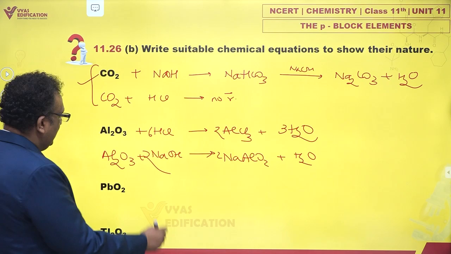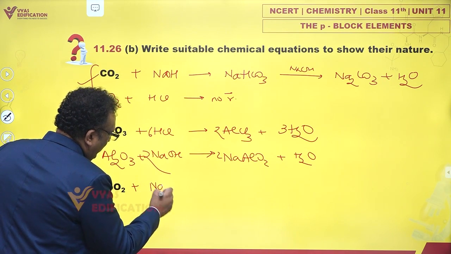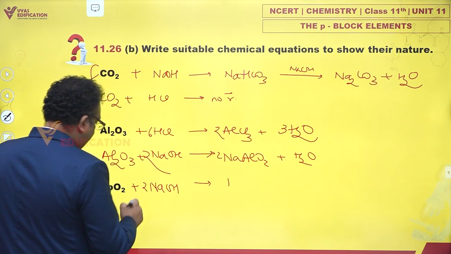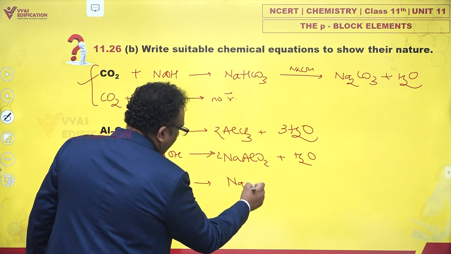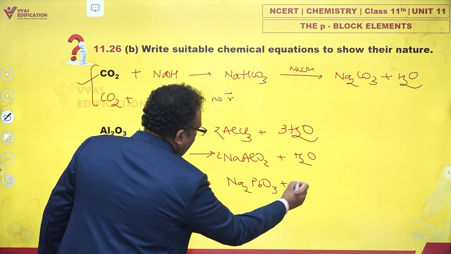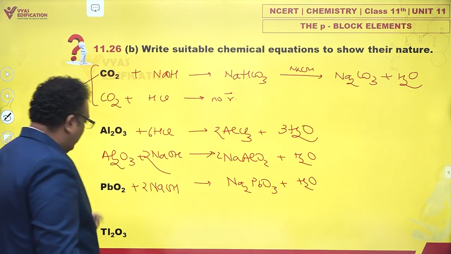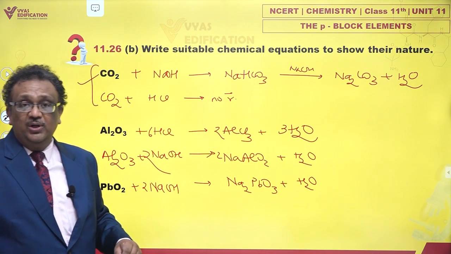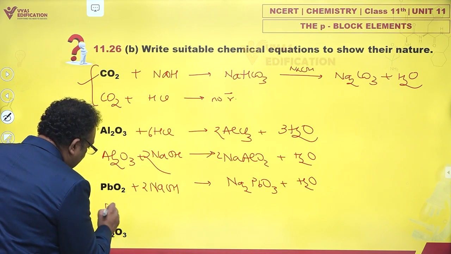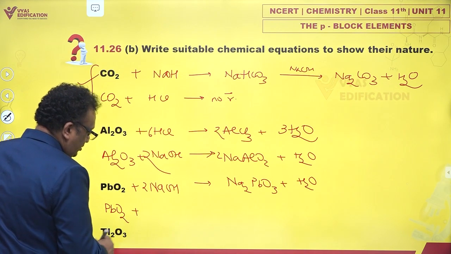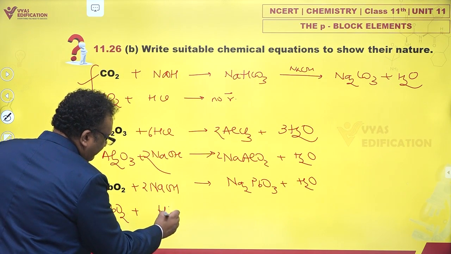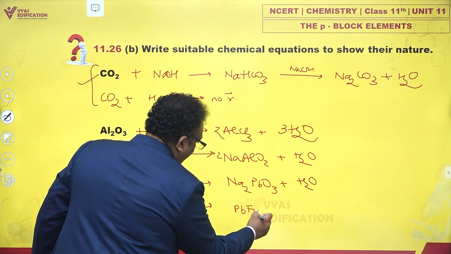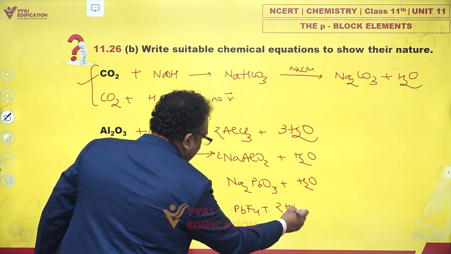PbO2. PbO2 plus NaOH can give you Na2PbO3 plus H2O. Just like silica, SiO2, same family, PbO2 can react to give you sodium plumbate. The same PbO2, if you react with, say, HF, will give you PbF4 plus 2H2O.